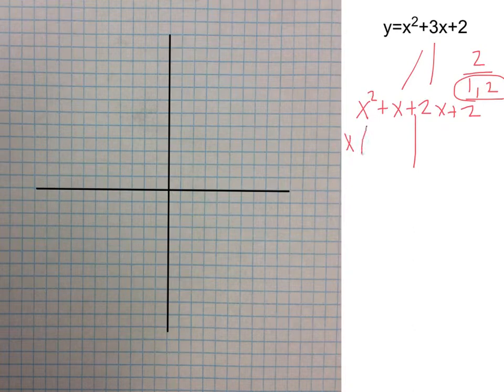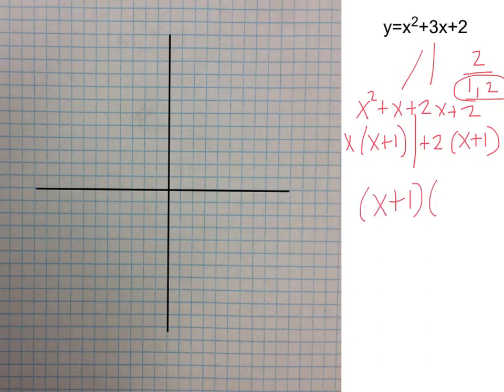So I have x plus 1, and take out a 2, x plus 1. We have to remember how to factor, and if you have questions, you need to come ask your teacher. So then it's x plus 1 and x plus 2 are your two factors.